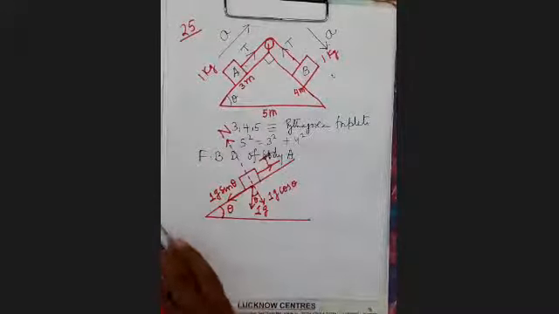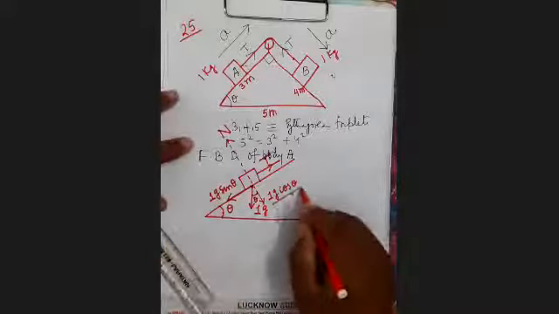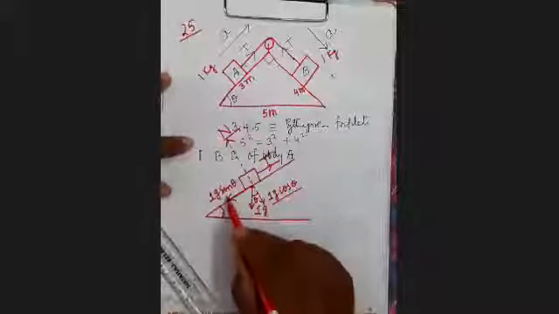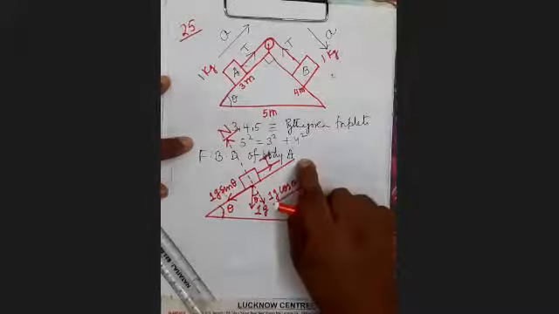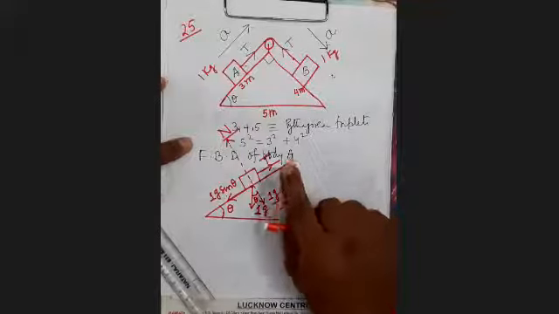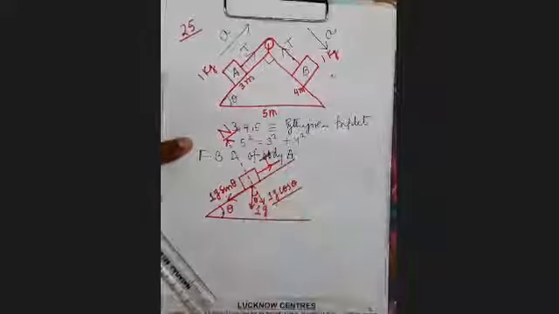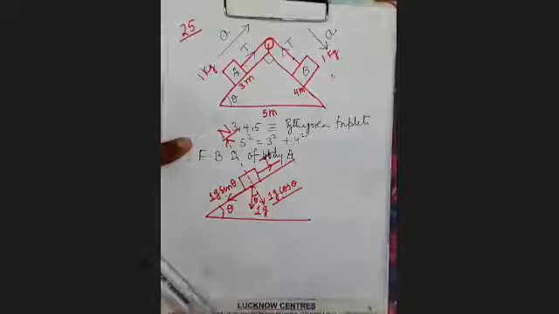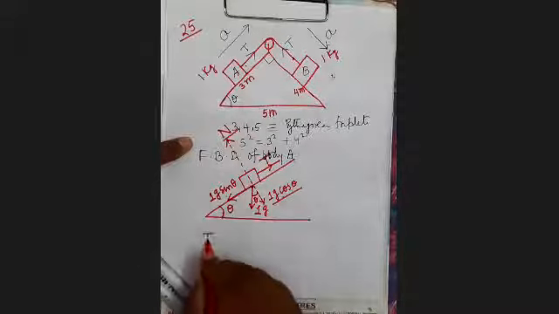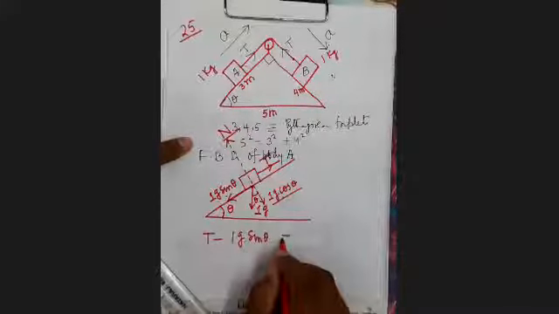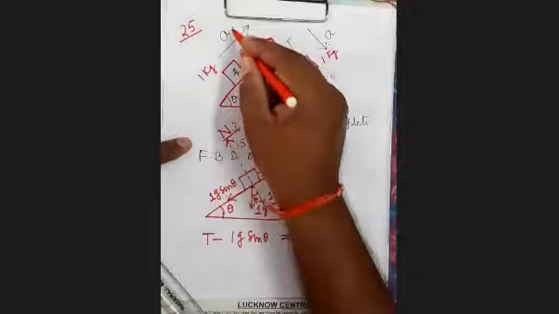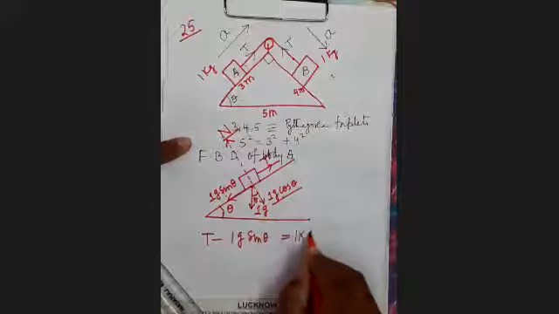But as I have already told, the normal reaction and this component don't have any contribution in this motion, because motion is taking place perpendicular to the direction of these forces and the surface is smooth. Therefore we will not take them. So it will be T minus 1g sin theta equals its mass into acceleration, 1 into A.